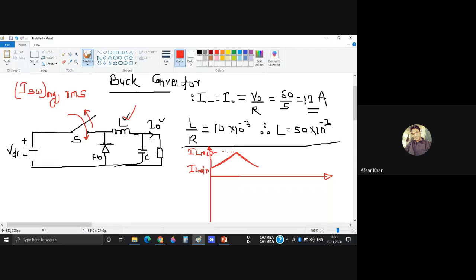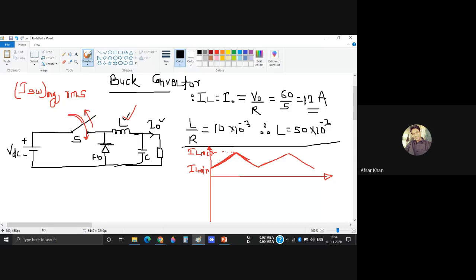Again I close the switch, and again the load current flows like this. If I open the switch, it goes to the minimum. So it will never go to zero. It will oscillate between IL min and IL max. Yes or no? You tell me.